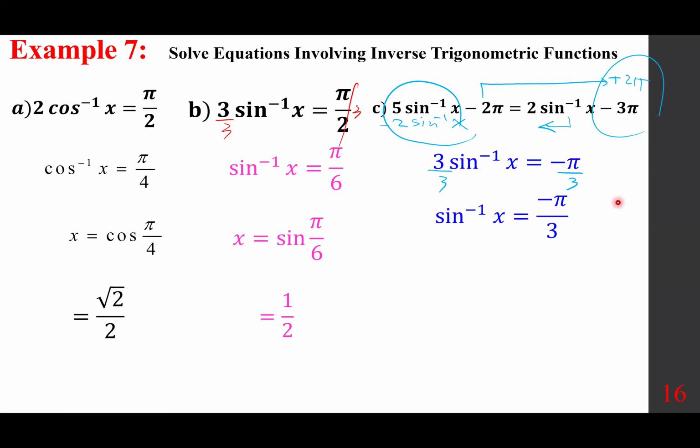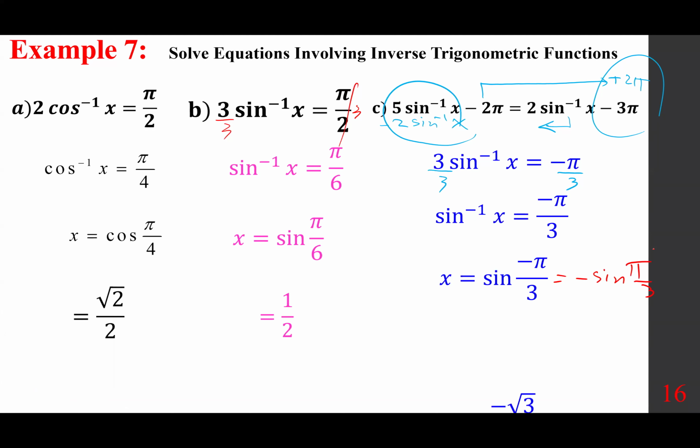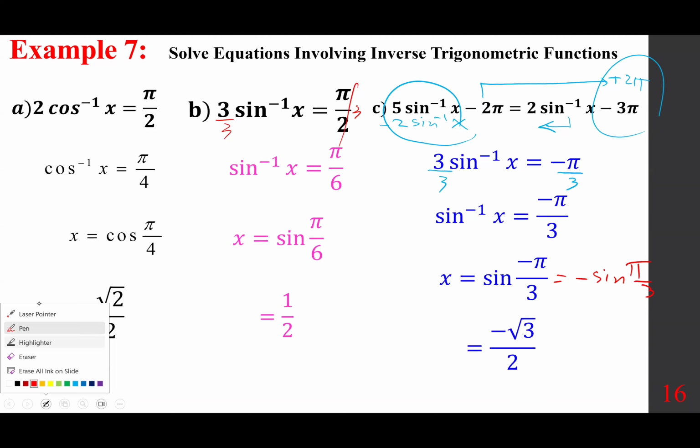Sine inverse of x equals negative pi over 3, which by definition means sine of negative pi over 3 is x. And of course, everybody knows this is minus sine of pi over 3, which is square root of 3 over 2. So x equals minus square root of 3 over 2. Pretty straightforward, I hope.